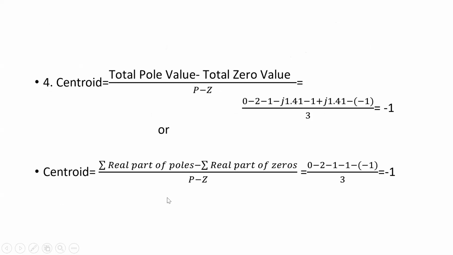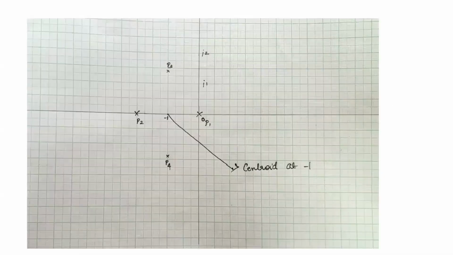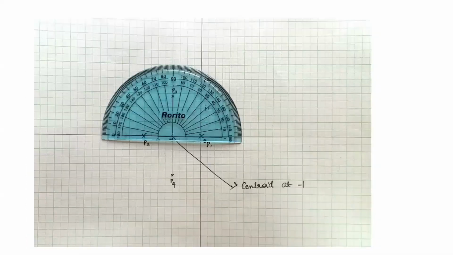Then the centroid. From where will this root locus start? It should start from a center point. The centroid is either the sum of poles minus the sum of zeros, or the real part of poles minus the real part of zeros. By either equation, it gives the centroid at minus 1. Along with the zero, you have a centroid. Then keep the protractor right at the centroid.